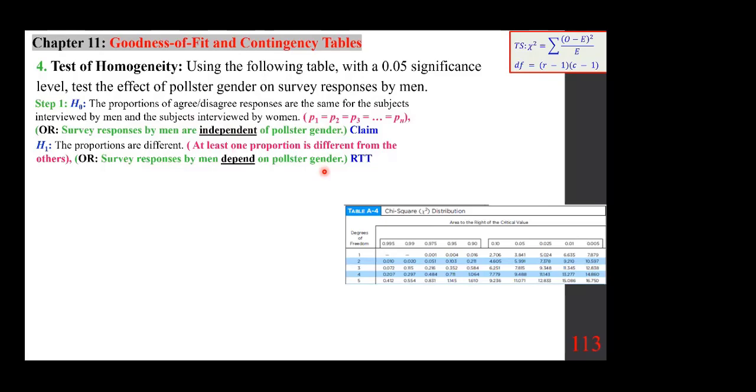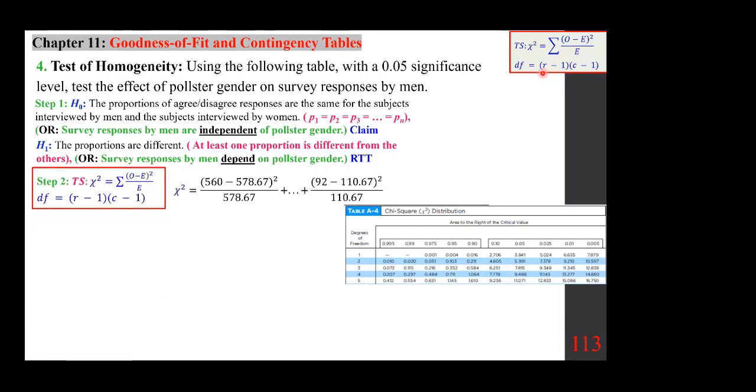The next one is the test statistic. Let's calculate that. We go through the process. Again, this is normally done by technology. We don't have to worry about that. And the result is 6.529. Degrees of freedom, row minus 1 times column minus 1, 2 minus 1 times 2 minus 1 is 1. Alpha is 0.05.